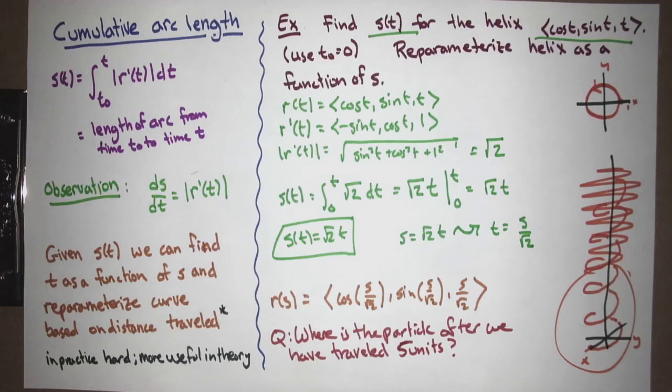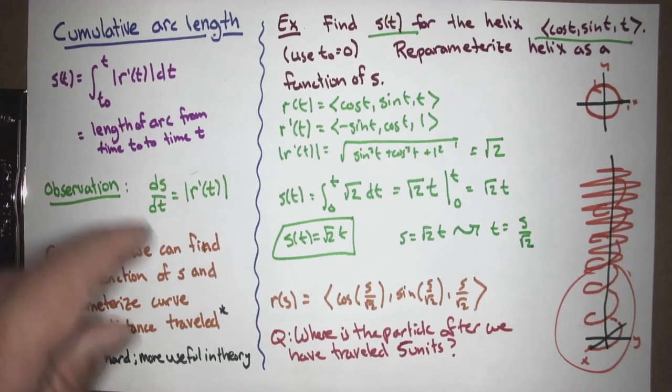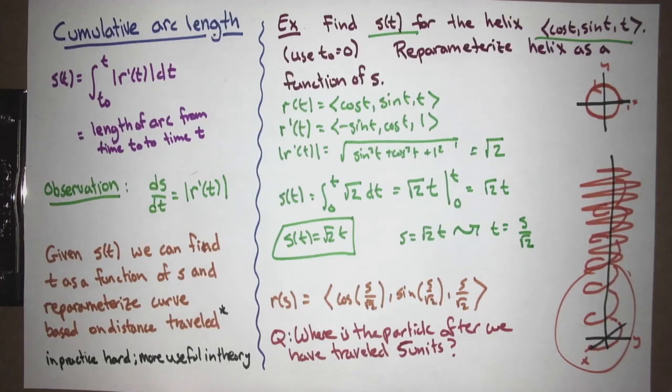Our particle has traveled not time length 5, distance 5. Where are we? Yeah, we're at s equals 5, because traveling 5 means that our cumulative length is 5. So this is just another way of saying, oh hey, s equals 5, what's our position?